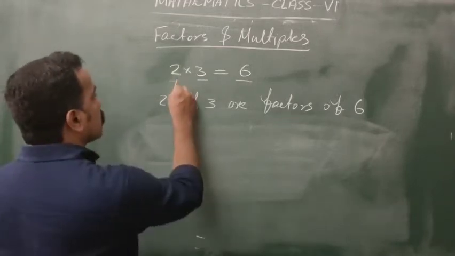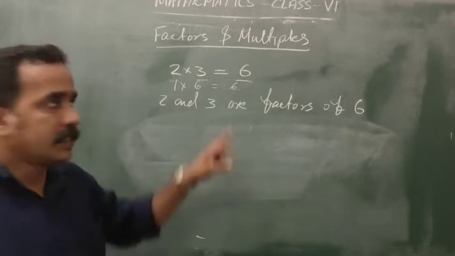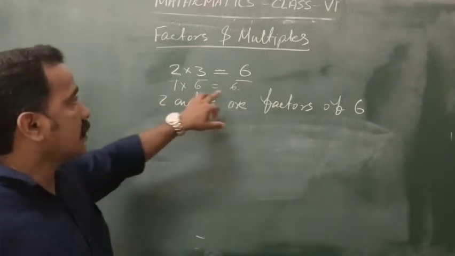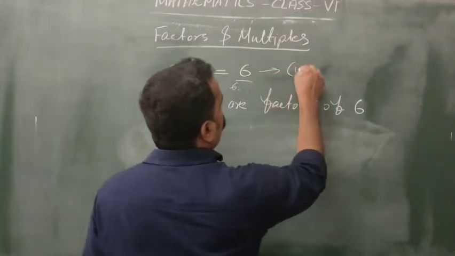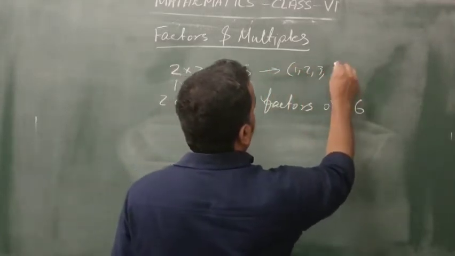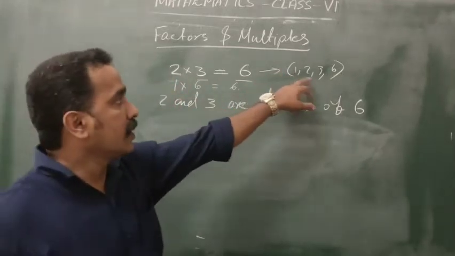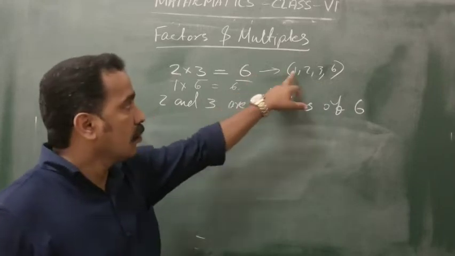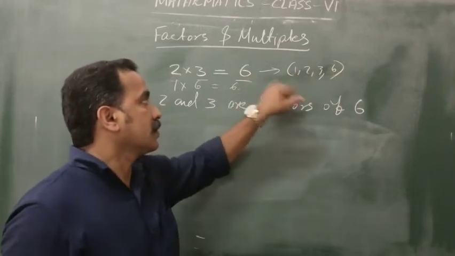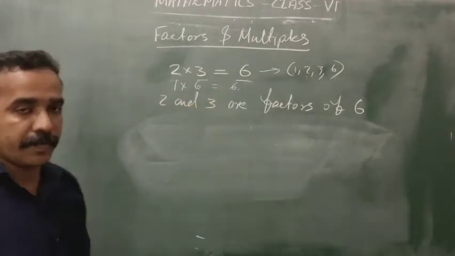Yes, 1 into 6 is equal to 6. So 1 and 6 are also factors of 6. So the factors of 6 are 1, 2, 3 and 6. Because along with these numbers, if you multiply some other number, you will get 6. 1 into 6, 6. 2 into 3, 6. So 6 is having 4 factors.